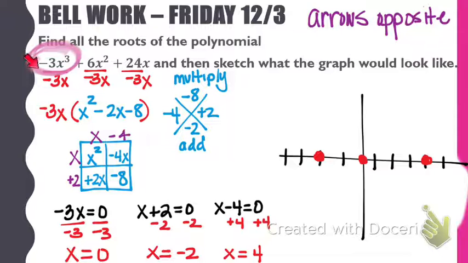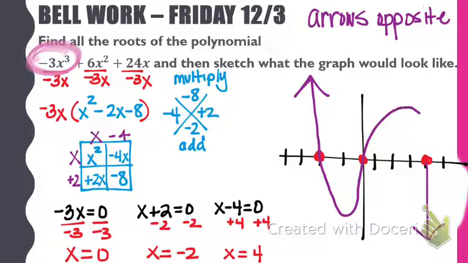And to know that, you have to look at the sign of the number in front of that x cubed. So notice how that says it's a negative. That means that it goes down. And on the left, it goes up. And you just make your loop-de-loop, and that is your sketch.